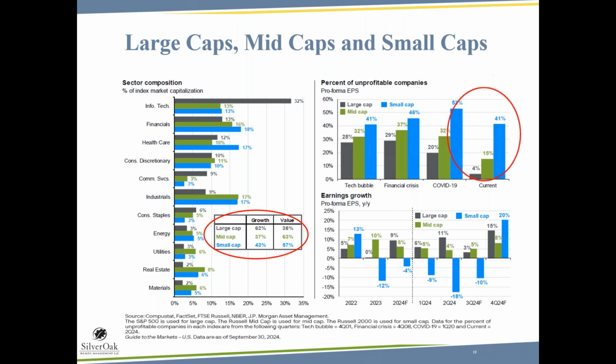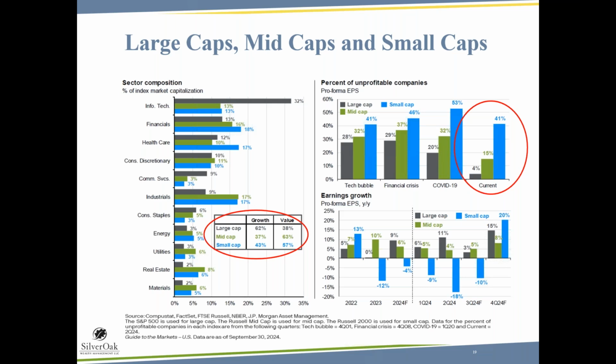Now, one of the things we did see was that small cap did a little bit better. It almost doubled the large cap return. And I think one of the things that has hurt small caps over the last couple of years is how many unprofitable companies there are in small caps. So I did want to highlight that for you.